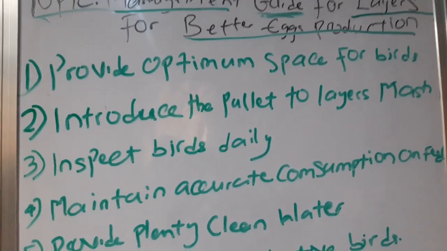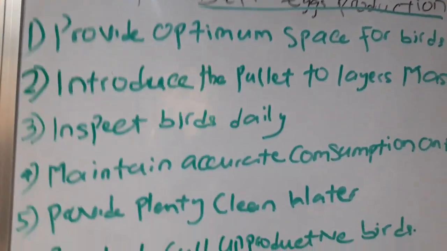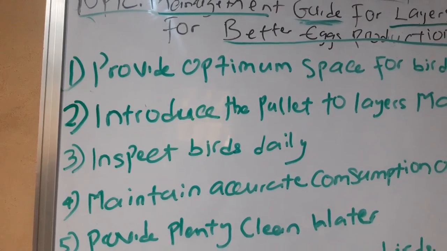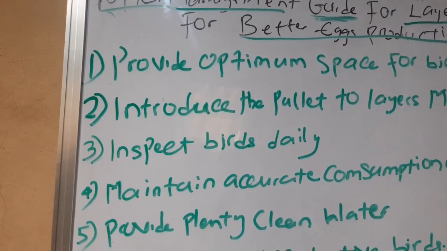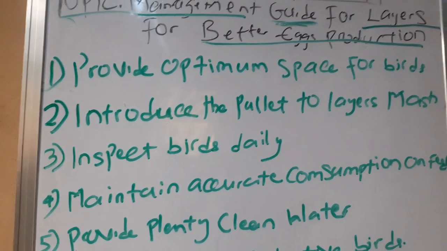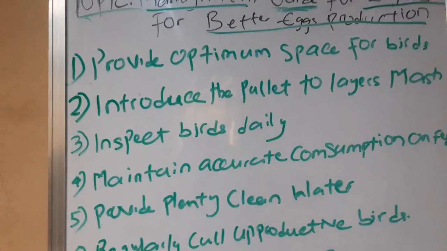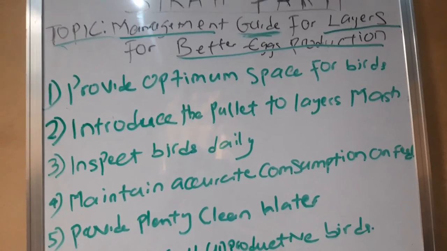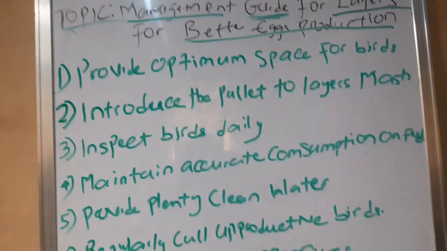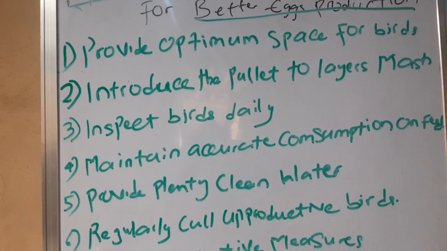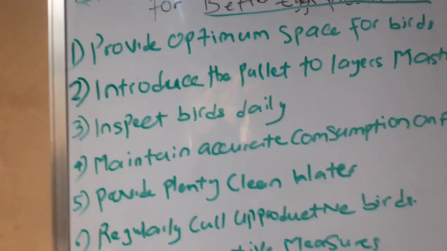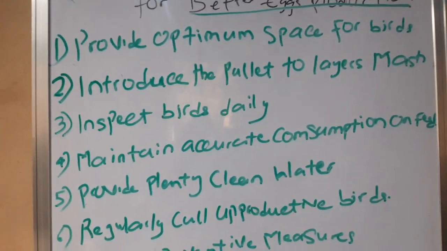That is how you can create a better space for your birds. And if you are doing free range, that means you have to have a lot of land to make sure they have a lot of space for ventilation and to move around and exercise, just to lay their eggs.